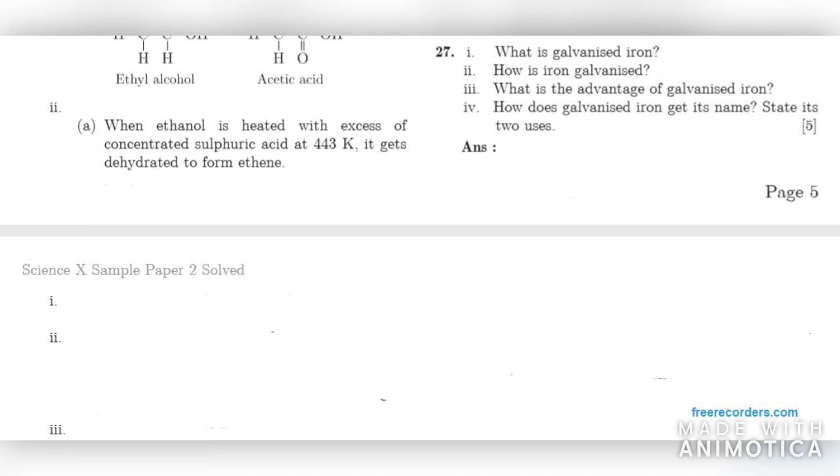When the zinc sticks to the surface of the iron, these sheets are then passed through heavy steel rollers heated to 300 degrees Celsius, and when the thin layer of zinc gets compacted on the iron, that is the process of how iron is galvanized. Now the use of galvanized iron is that it does not rust easily, because the surface of the iron is not exposed to moisture.